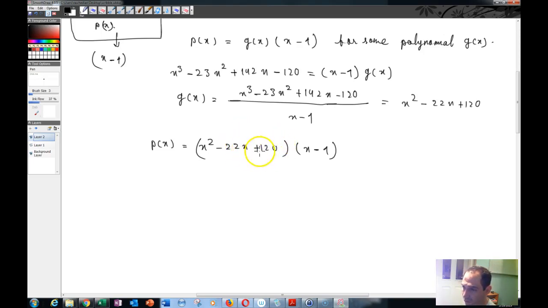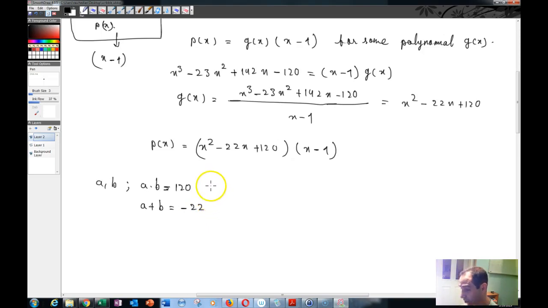You're actually looking for two numbers, let's say a and b, such that a times b is equal to 120 times 1, which is equal to 120, and a plus b is equal to negative 22.